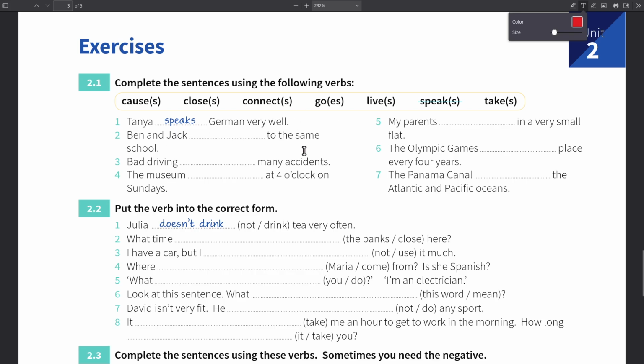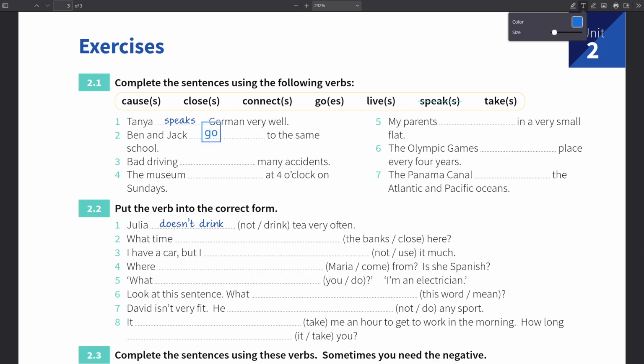Ben and Jack to the same school. Okay, let's try to guess. I'm going to change the color. I'm going to put a blue one. Ben and Jack to the same school. We can use go. Okay, you're going to write go.